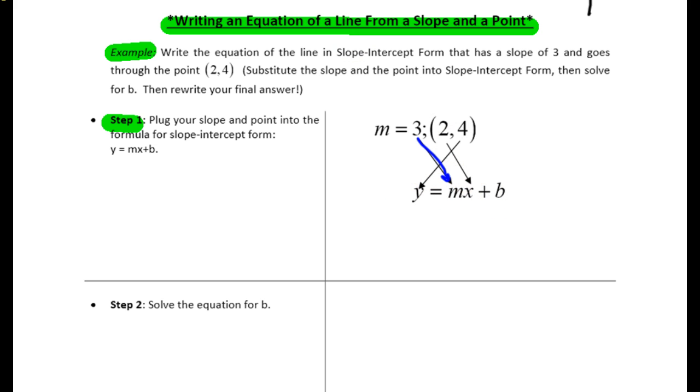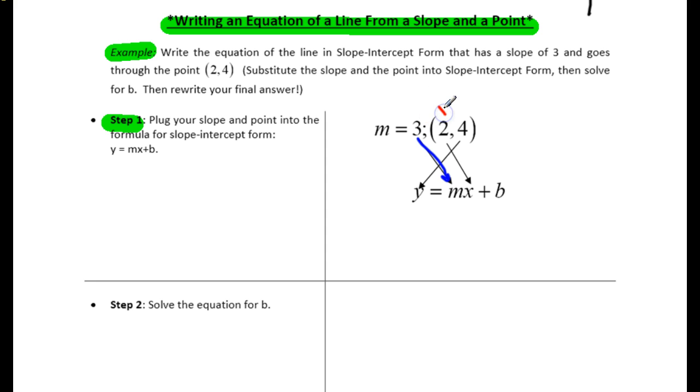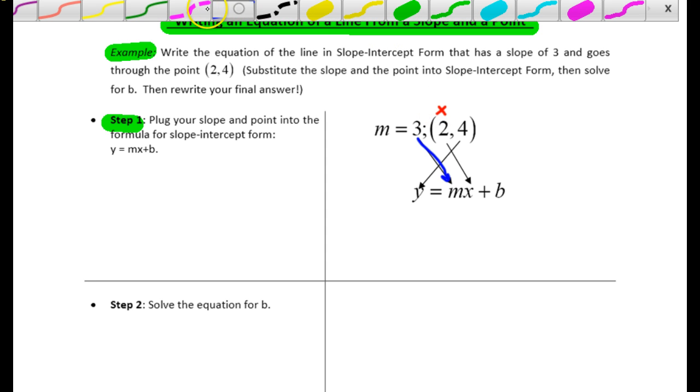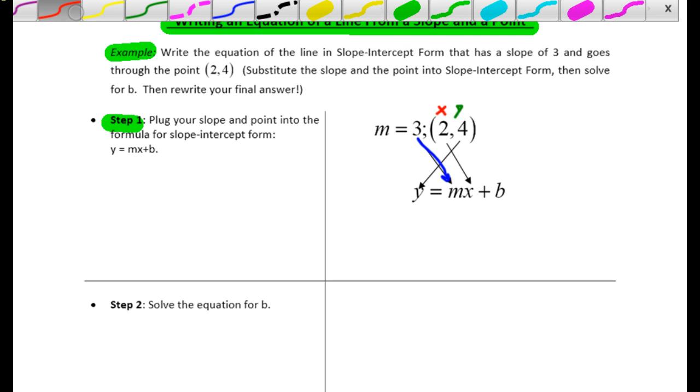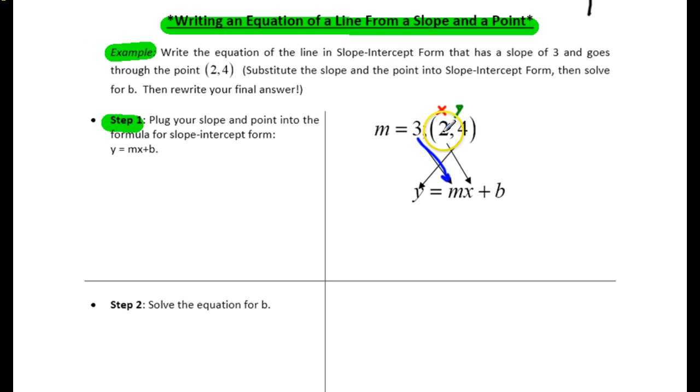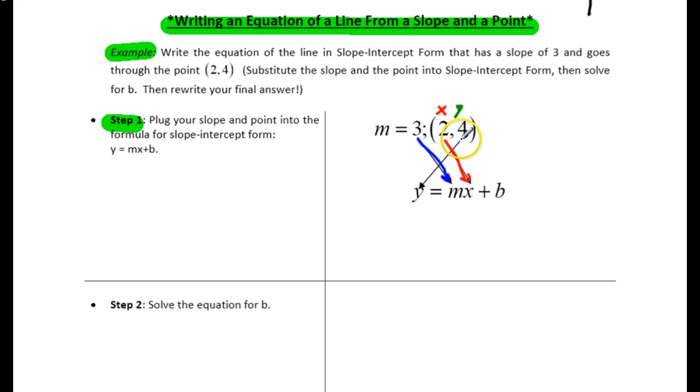And remember in our point, the first number is the x value and the second number is the y value. So I'm going to plug the 2, that's the x, into the x, and the 4, that's the y, into the y.